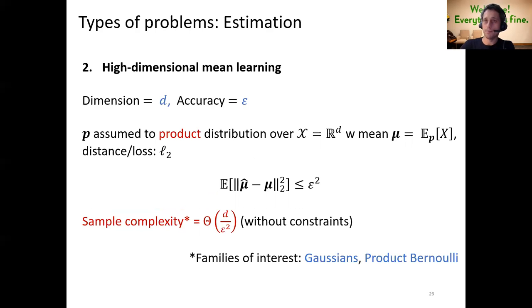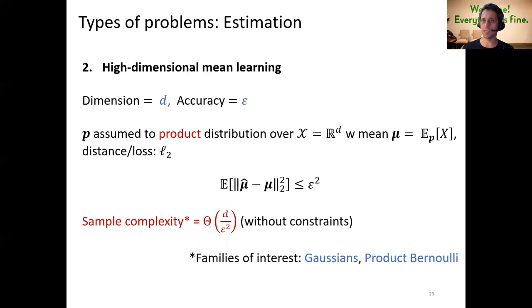We also have the high dimensional mean learning. So now we're going to look at distributions over a high dimensional domain. So think of that, for example, R^d. And to instantiate that, we're going to be focusing on families like Gaussian distributions, spherical Gaussians, or product Bernoullis, so product distributions over the Boolean hypercube. So here we've got dimension d. P is assumed to be a product distribution over a d-dimensional domain, and it has some unknown mean mu.